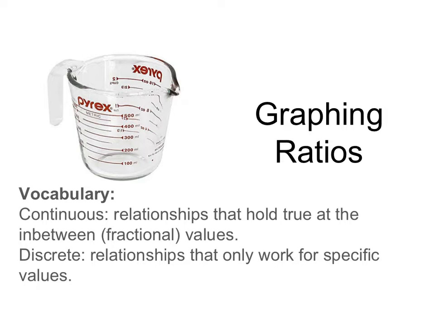A discrete relationship is one that only works for specific values. For example, something is discrete if you're counting people, if you're counting animals, things that can't be broken up. You can't have half a person. You can't have a third of an animal.